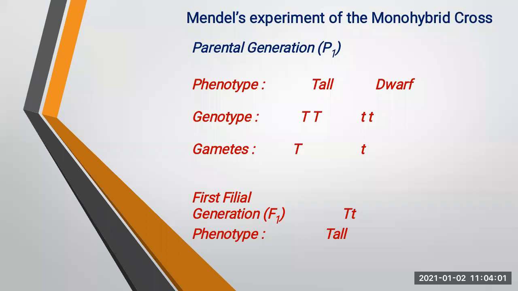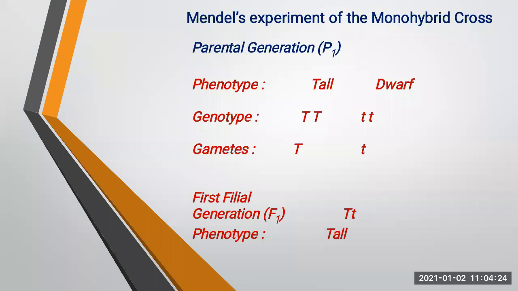So phenotype will be tall and dwarf, and genotype will be capital T, capital T, and small t, small t. So the gametes are capital T and small t. You know that when you have studied cell division, it is mitosis and meiosis.